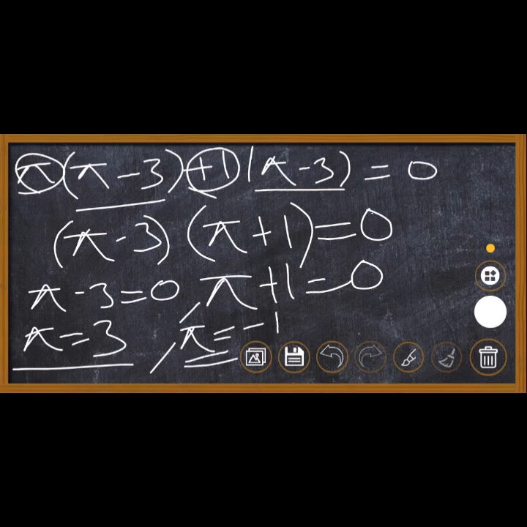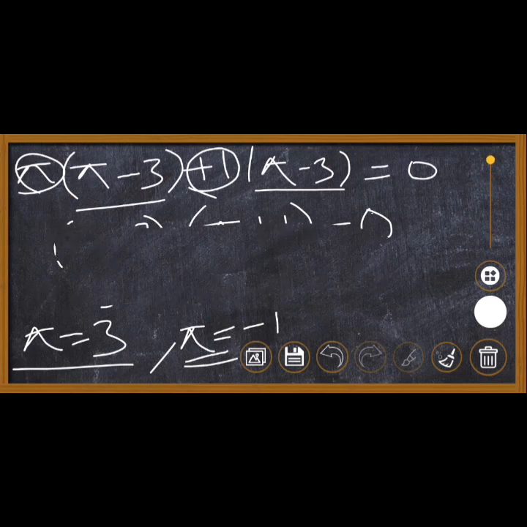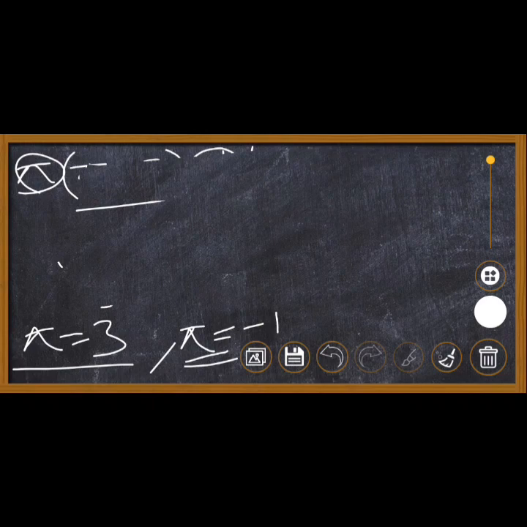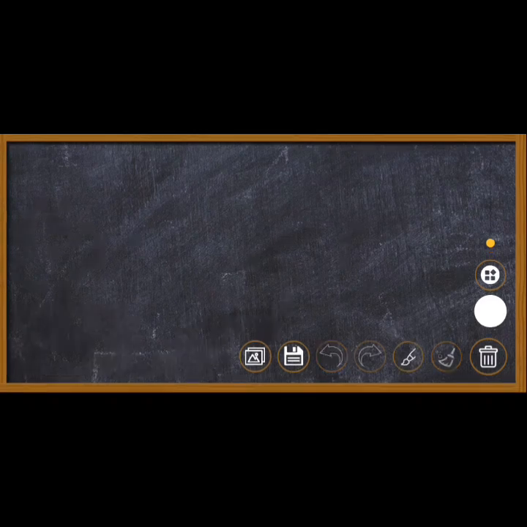So we have two values of pi here. So these are what we call the eigenvalues. Now remember, our main aim is to find the eigenvectors.